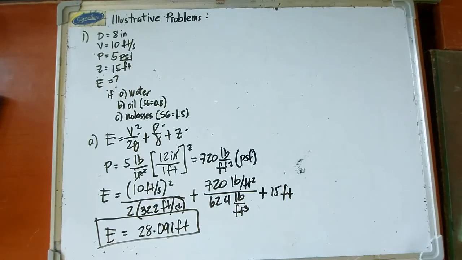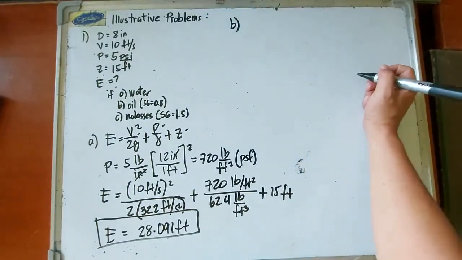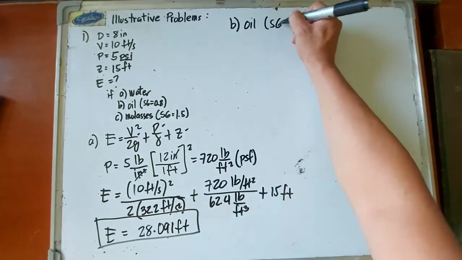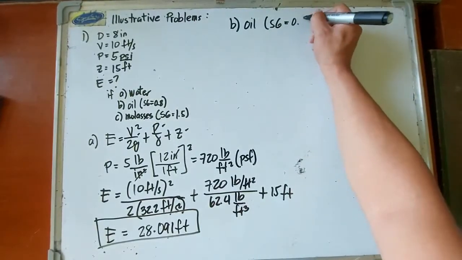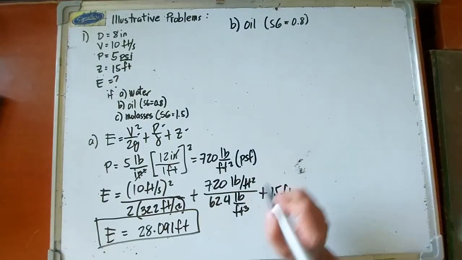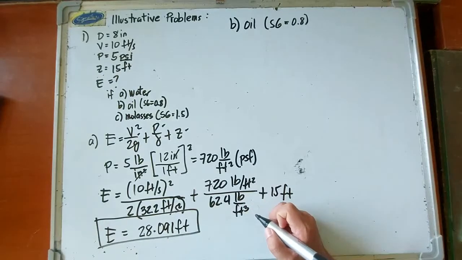Now the same would be true if we try to solve using different liquids. Let's say letter B. If the liquid is oil at a specific gravity equivalent to 0.8, the equations would be the same. What would be different is the unit weight, no?